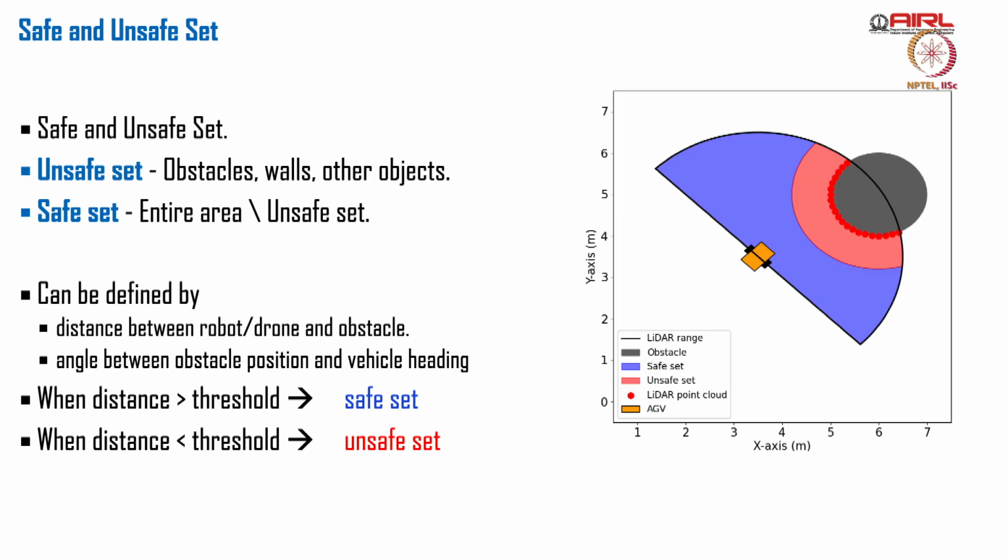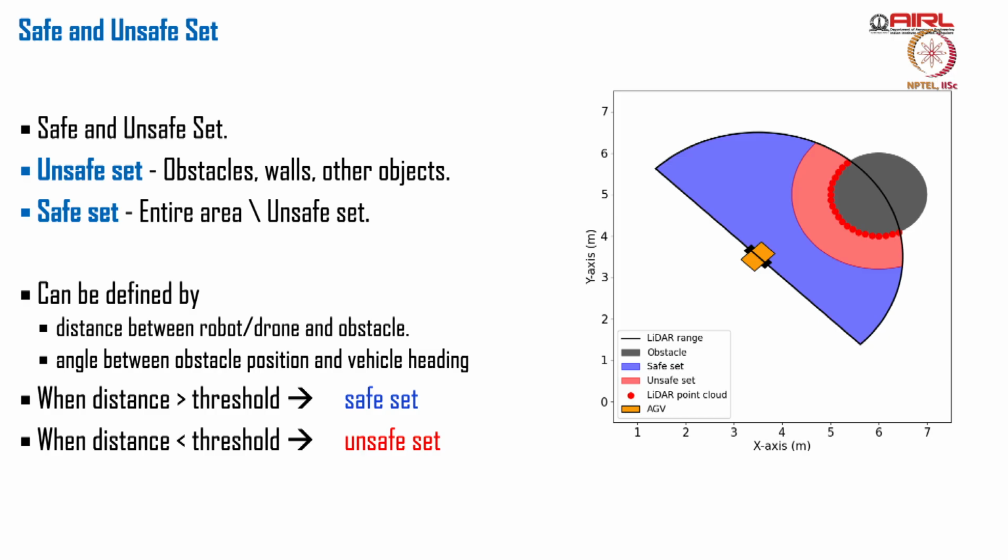Okay. So when this is the safety threshold or tolerance, and the distance of the drone from the obstacle is greater than this threshold, that means outside this boundary, then we say the drone is inside the safe set. But if it is less than the threshold, that means the drone is at a point inside the safety tolerance or safety boundary, then we say it is in the unsafe set.